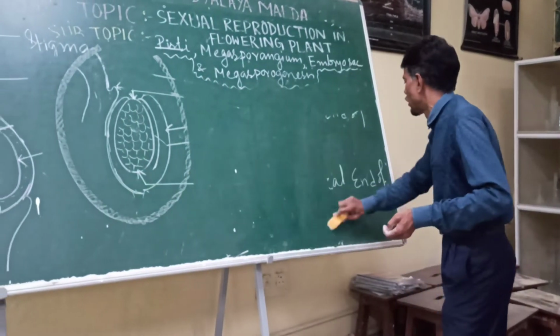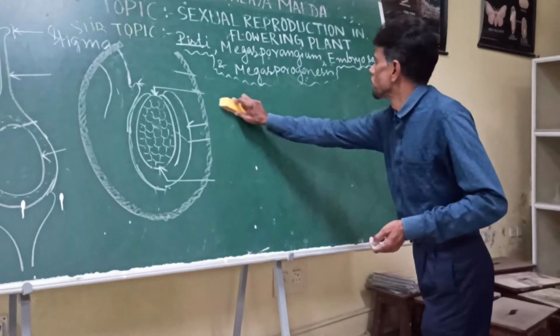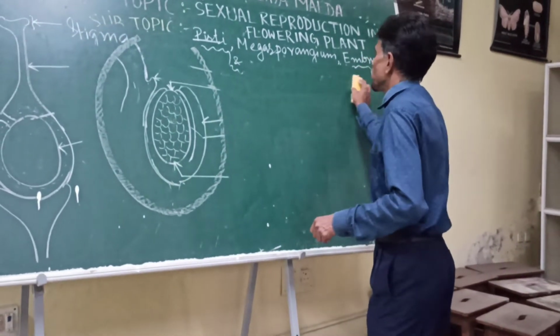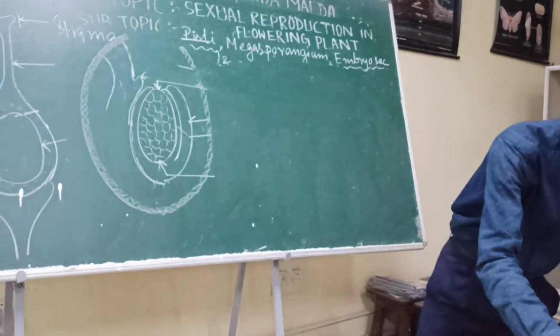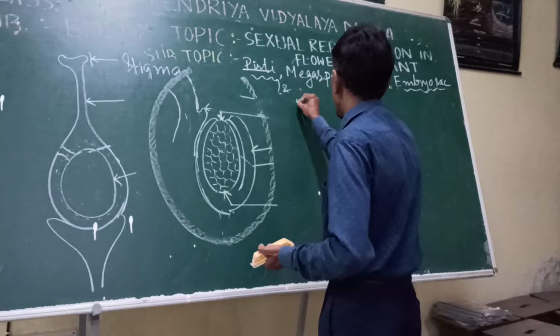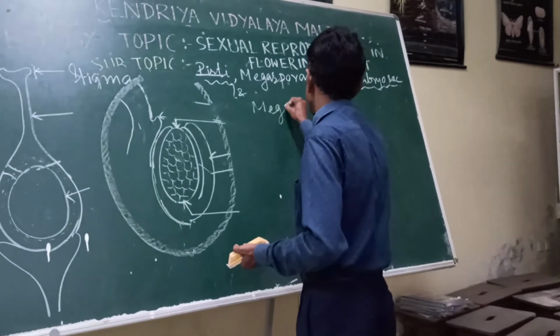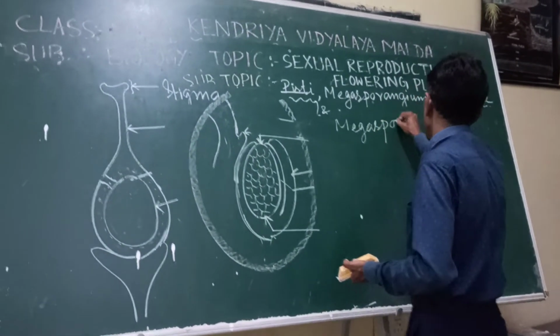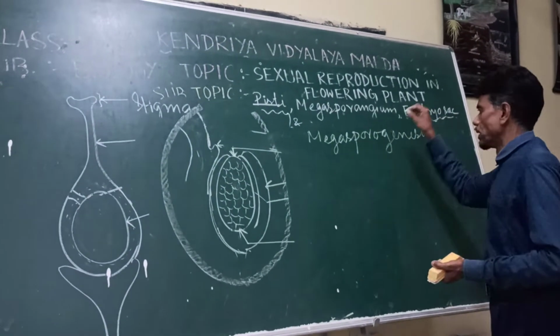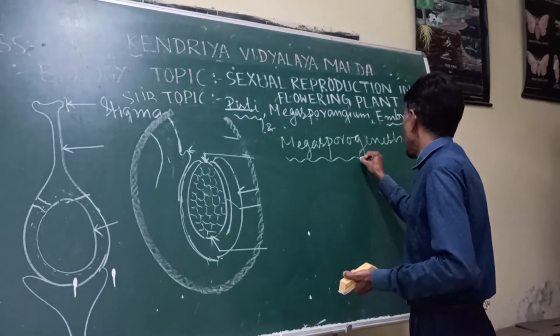Let me rub this part. Let me use a color chalk. Megasporogenesis. What does it mean?